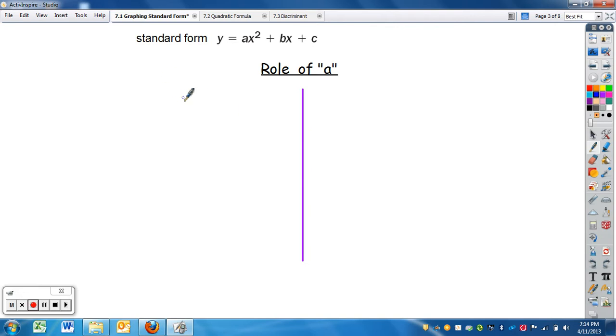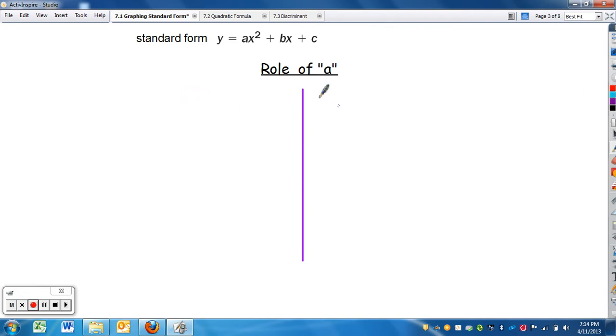One other thing we discovered from the activity is the role of a. And we found out the role of a was actually the same as Unit 6. Both a's are the same. So if a is positive, it opens up. If a is negative, it opens down. a also affects the wideness of our parabola.